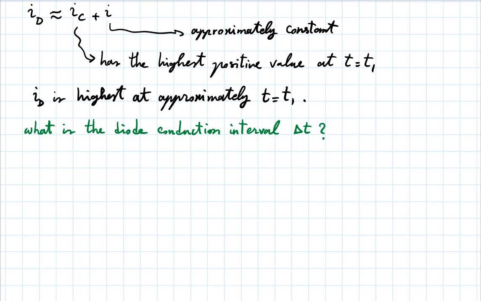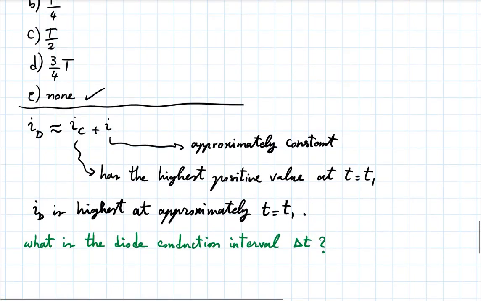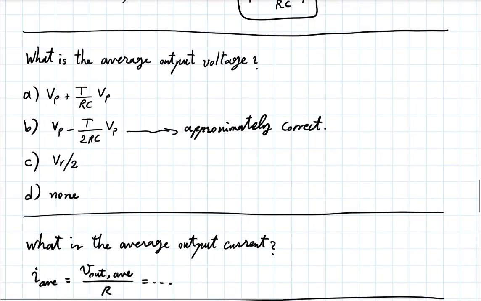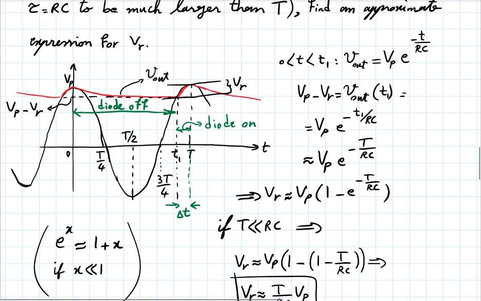Can you try to do that on your own for a couple of minutes? So I'm interested in finding that delta t, the difference between this big T and T1. That's the time during which the diode is on, it's conducting.